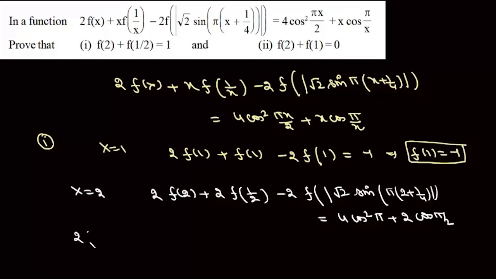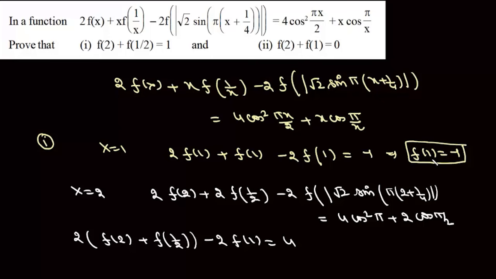Now we take 2 common, and then it'll be f(2) + f(1/2). Now here it'll be sin(2π + θ), and sin(2π + θ) is sin θ, which is sin(π/4). So it'll be minus 2f(1), and cos π is minus 1, but it is cos²π, so it'll be plus 4, and cos 90 is 0.